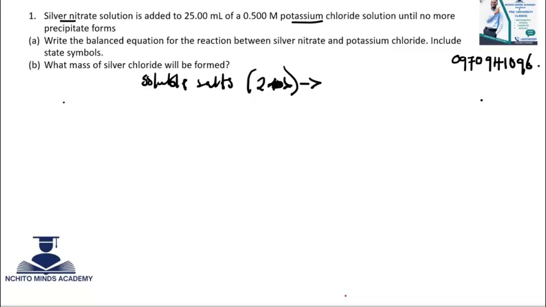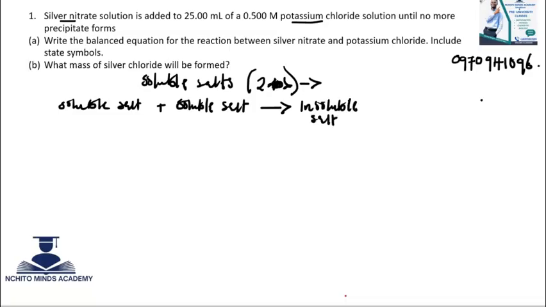So we say soluble salt plus soluble salt produces one insoluble salt plus one soluble salt.